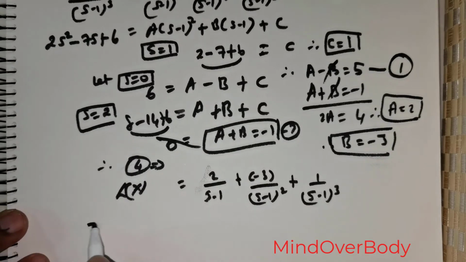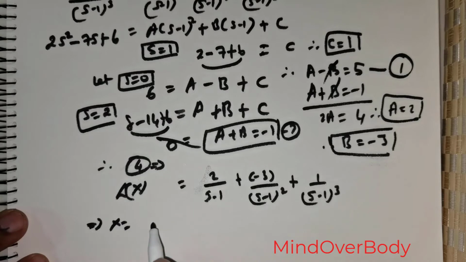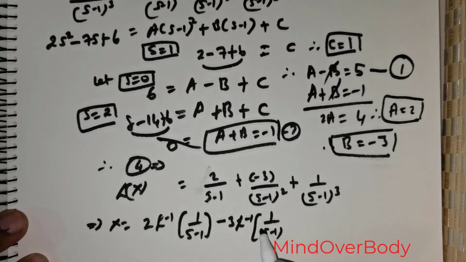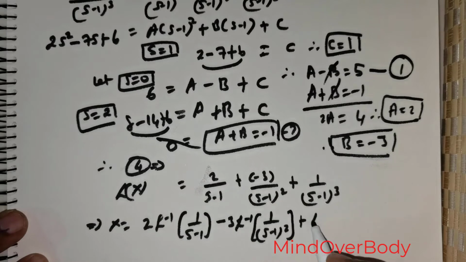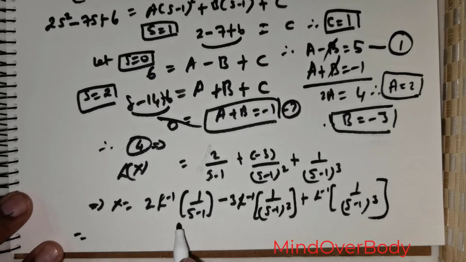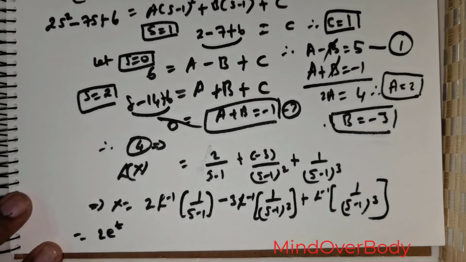So this would mean x is equal to 2 times L inverse of 1 over s negative 1, negative 3 times L inverse of 1 over s negative 1 raised to the power of 2, positive L inverse of 1 over s negative 1 raised to the power of 3. Now this is going to give me 2 times e raised to the power of t, that's fine, negative 3 times this.